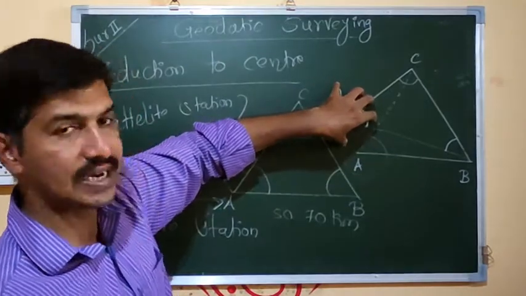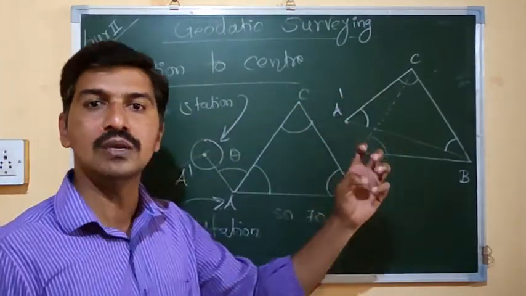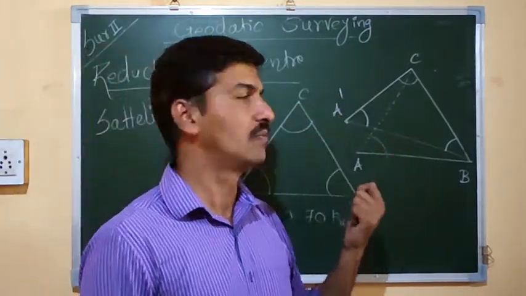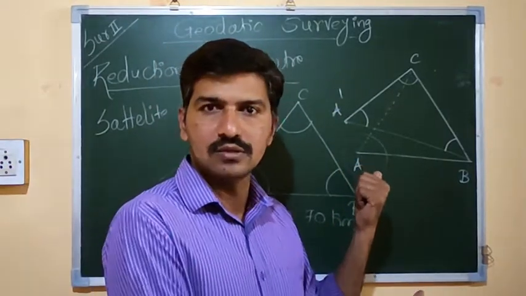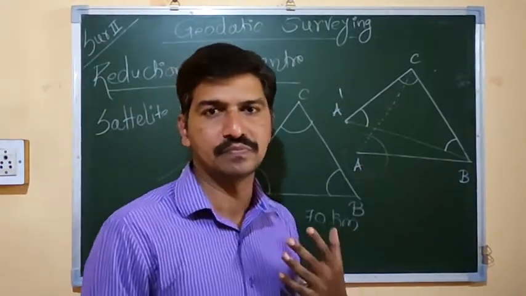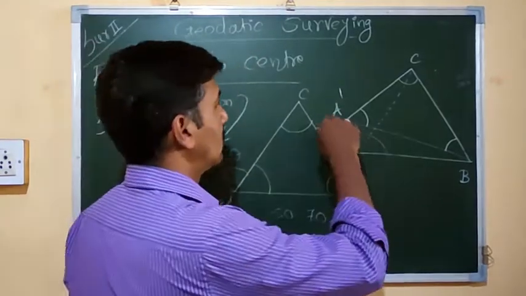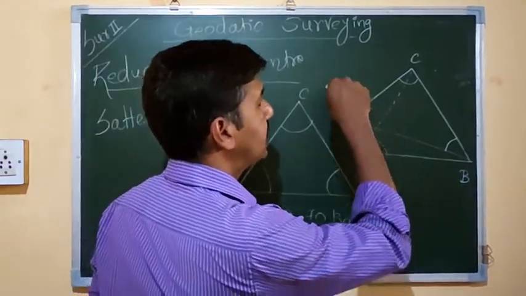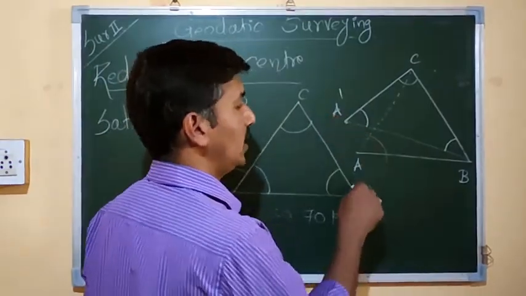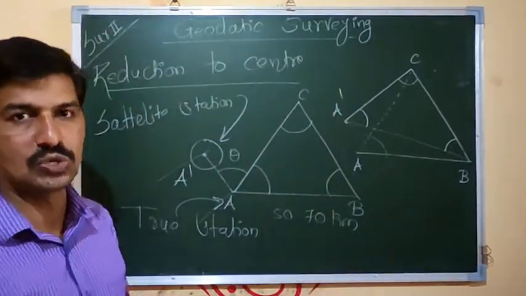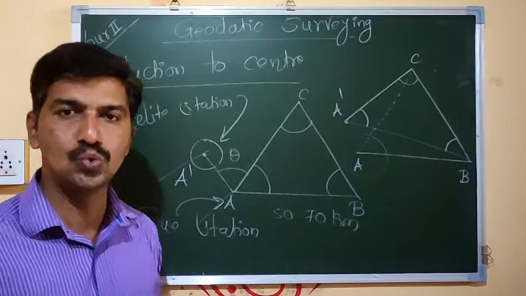From that satellite station, what will be the actual angle if we would have taken that angle from point A? This procedure of conversion or making calculations from A dash to A is called reduction to the center.